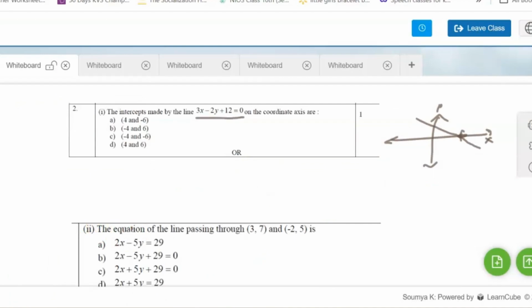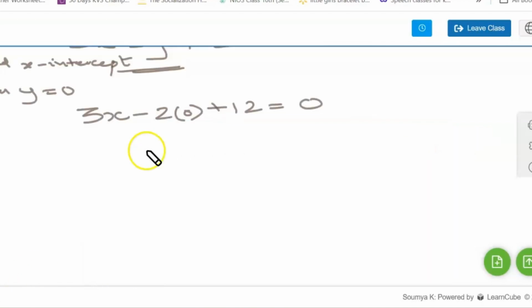To find the x-intercept, we have to consider that at this point the value of y is 0. That's why we are going to substitute 0 for y in this equation. To find the x-intercept for the equation that is given, we substitute y as 0.